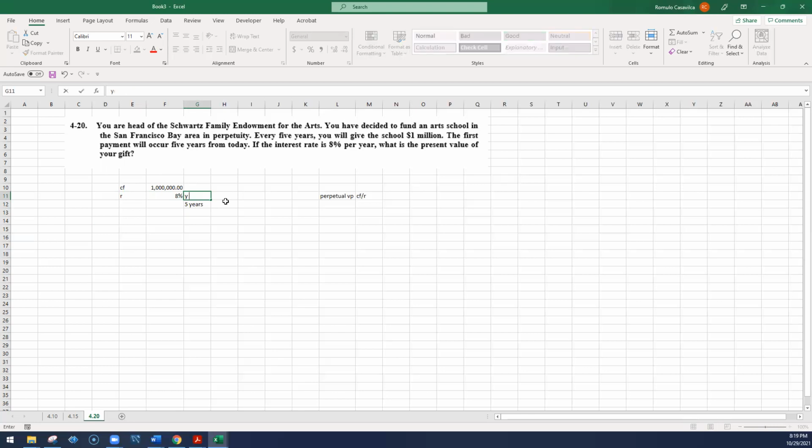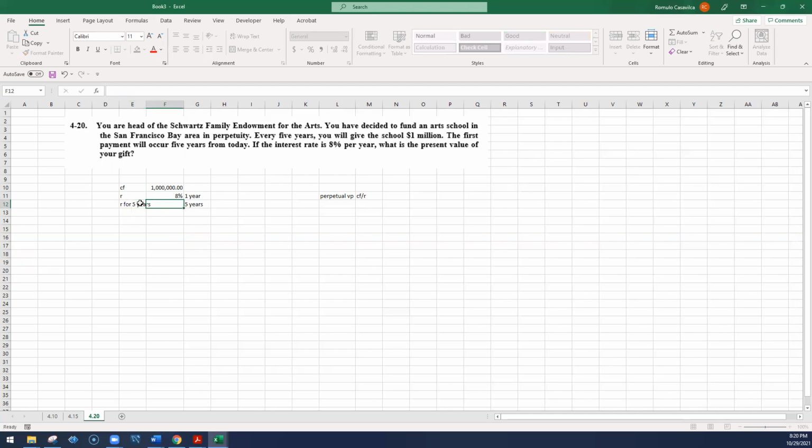It says every 5 years you will give the school 1 million. So from today I wait 5 years, but I need to consider the rate for 5 years, because 8% is a yearly rate. How do I do that?